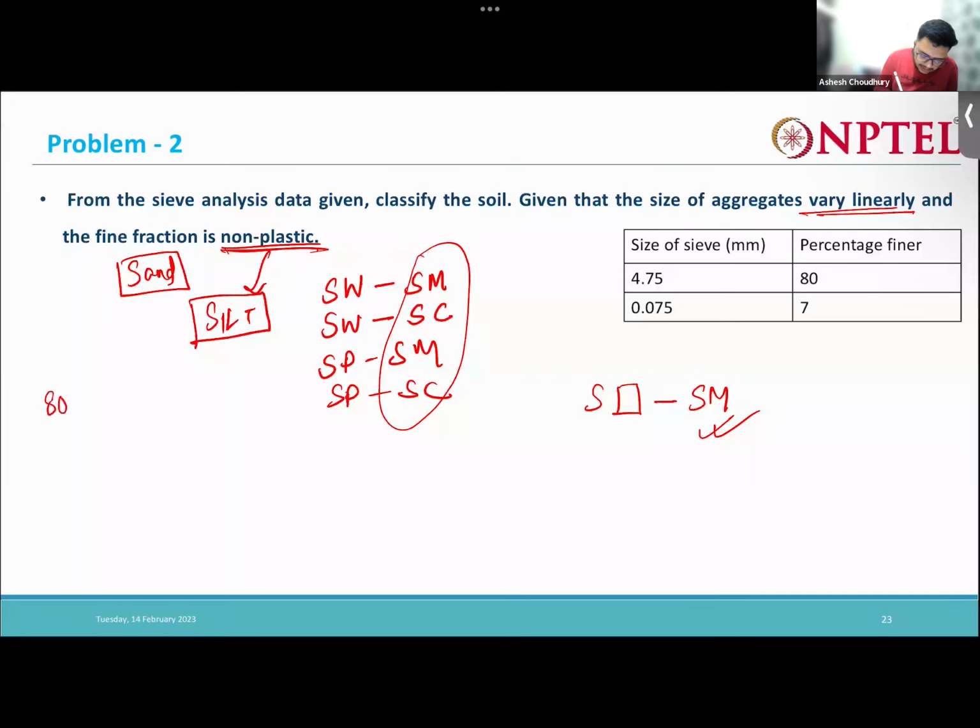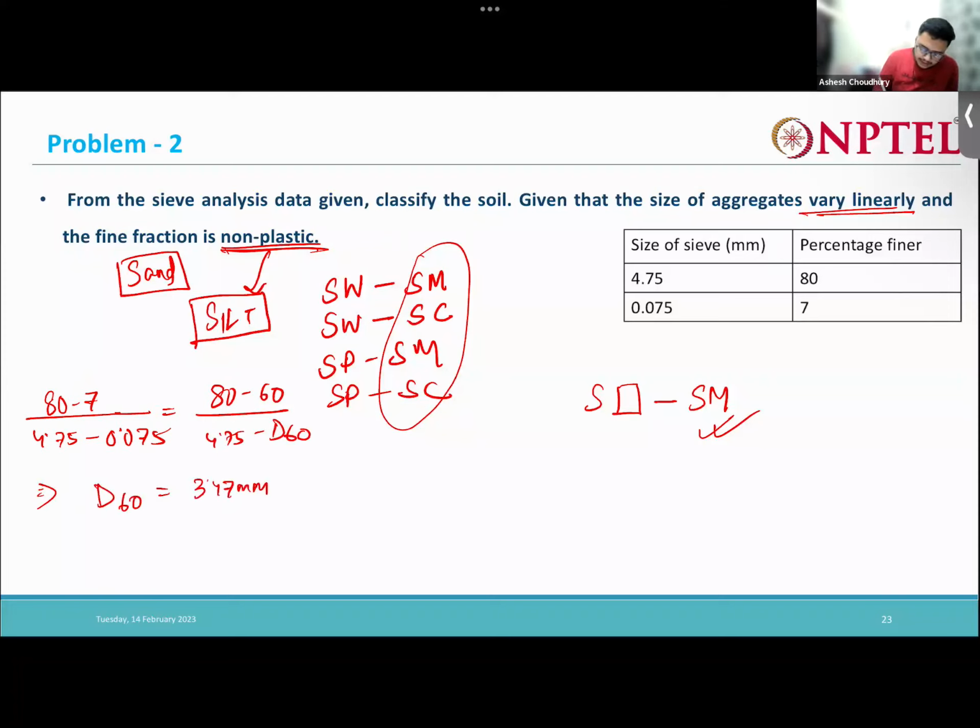So for D60, you can write it like this. You are just interpolating it linearly. Nothing else, just interpolation. So from here, you will get D60 is equal to 3.47.